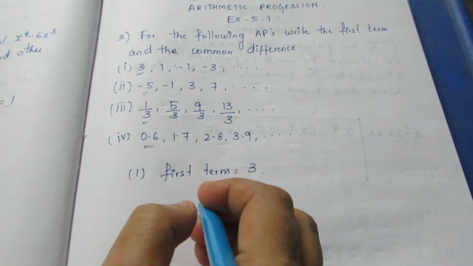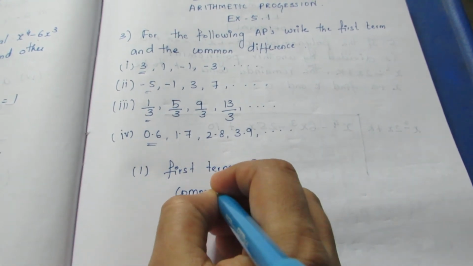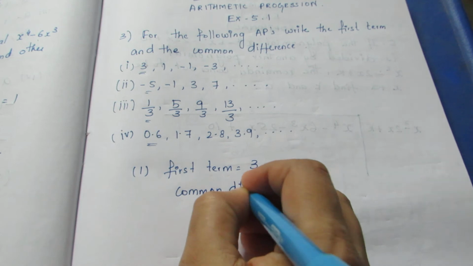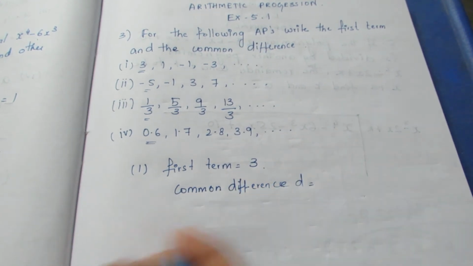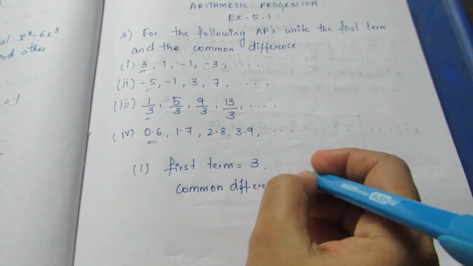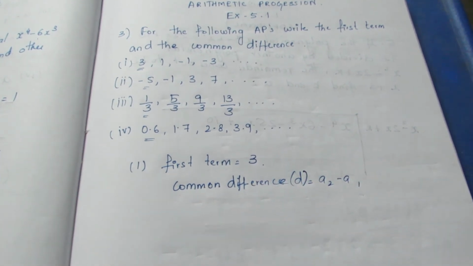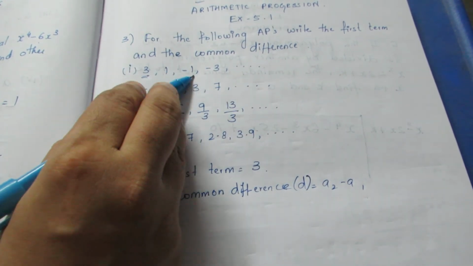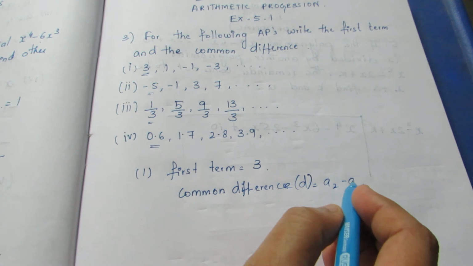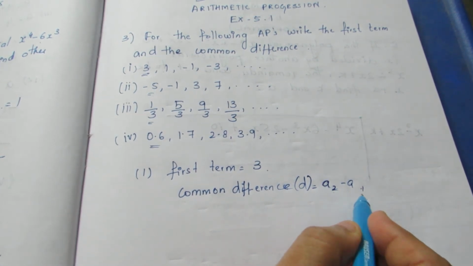For the common difference, the formula is A2 minus A1. Here A2 is the second number: A1, A2, A3. A1 is nothing but the first term. This is your second term.